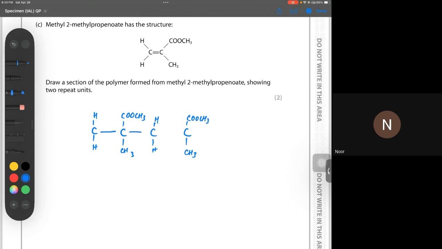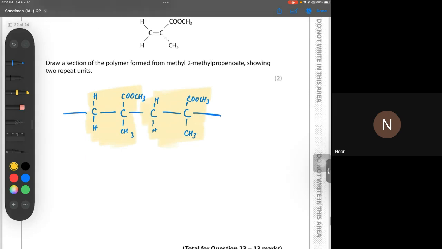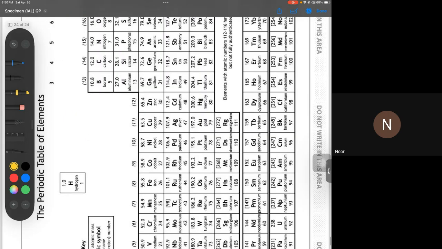The double bond is converted into the single bond. These are the two repeat units. This is the first one. This is the second one. So 2 marks only. That's all for this paper. Okay, thank you.